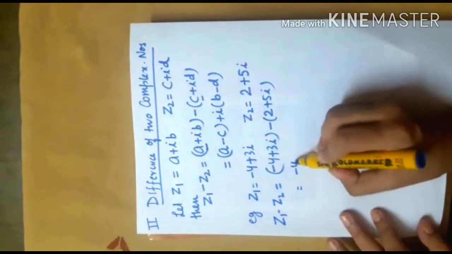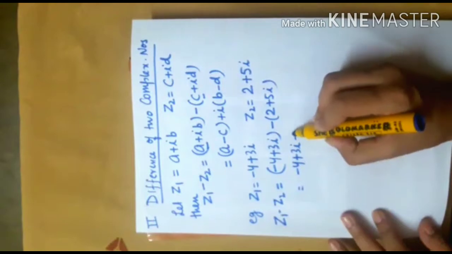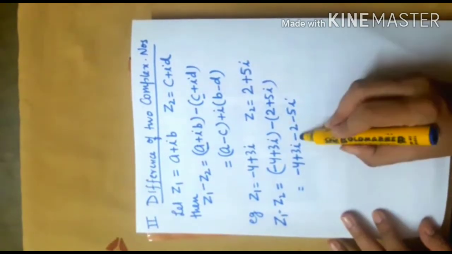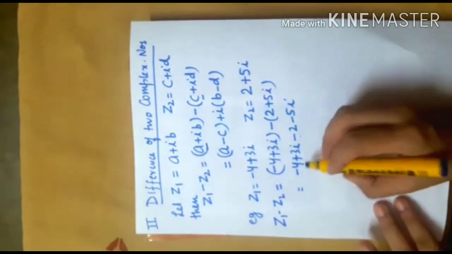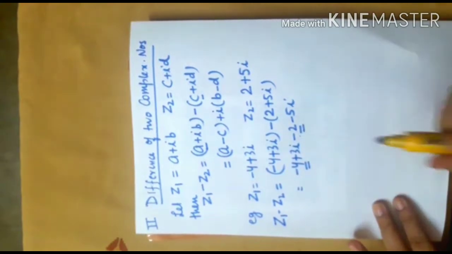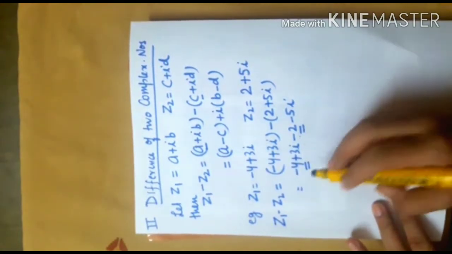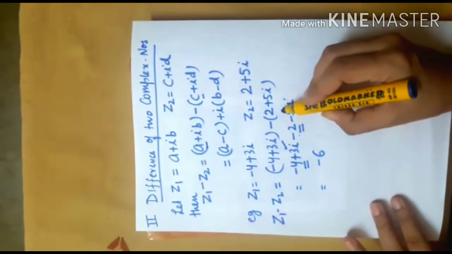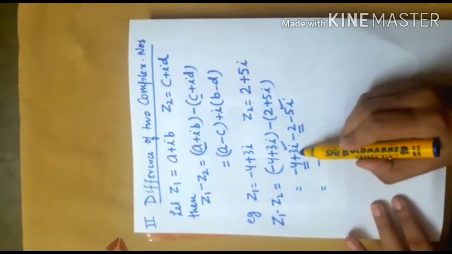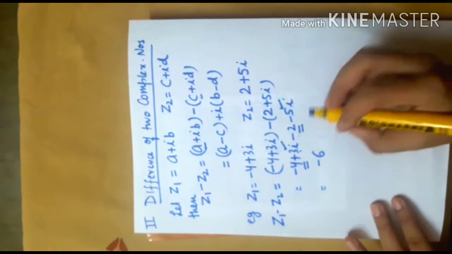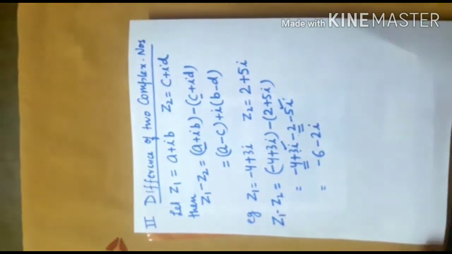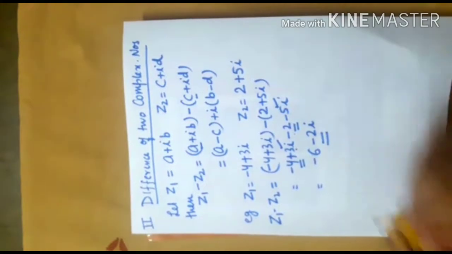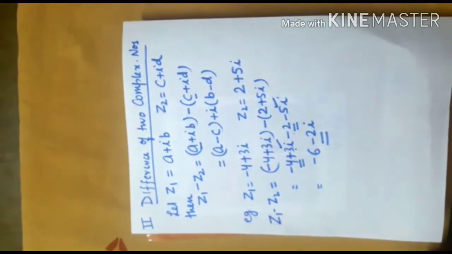So what I do, here open the bracket, it is minus 2 minus 5 iota. Now combine the real parts. So minus 4 minus 2 will give you minus 6, and combine the imaginary parts. So plus 3 iota minus 5 iota will give you minus 2 iota. So this is z1 minus z2.